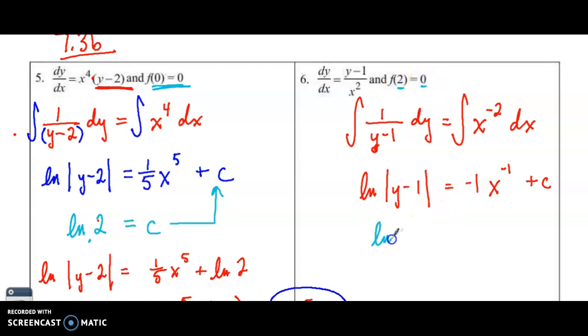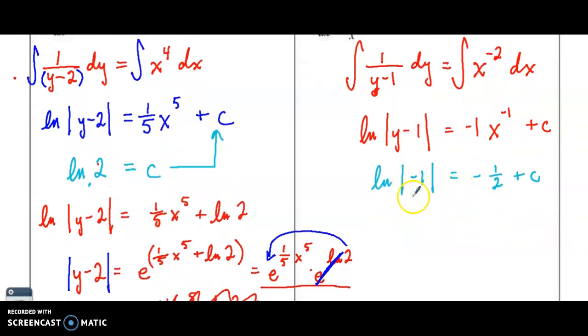So we're looking at natural log of negative 1 is equal to, well, 2 to the negative 1st power means 1/2. So we're looking at negative 1/2 plus c. And they do expect you to know that the natural log of 1 is equal to 0. So if you solve for c, you just have 0 and add 1 to the left side, it's 1/2.